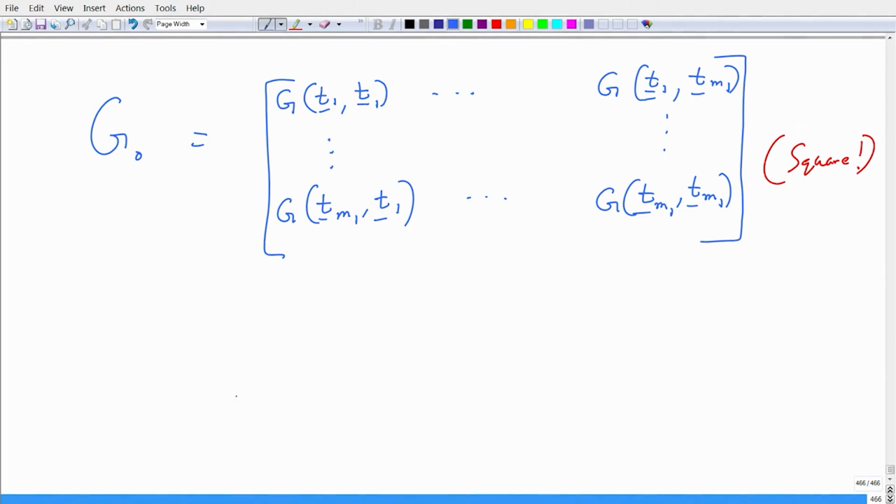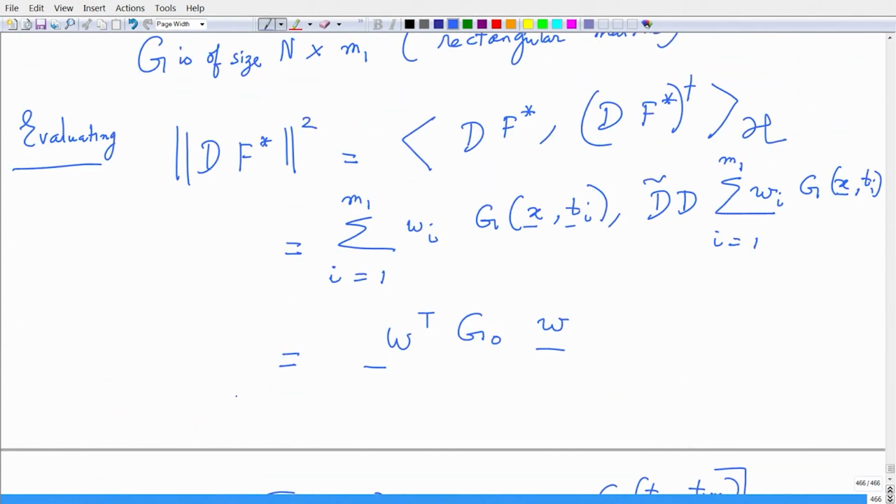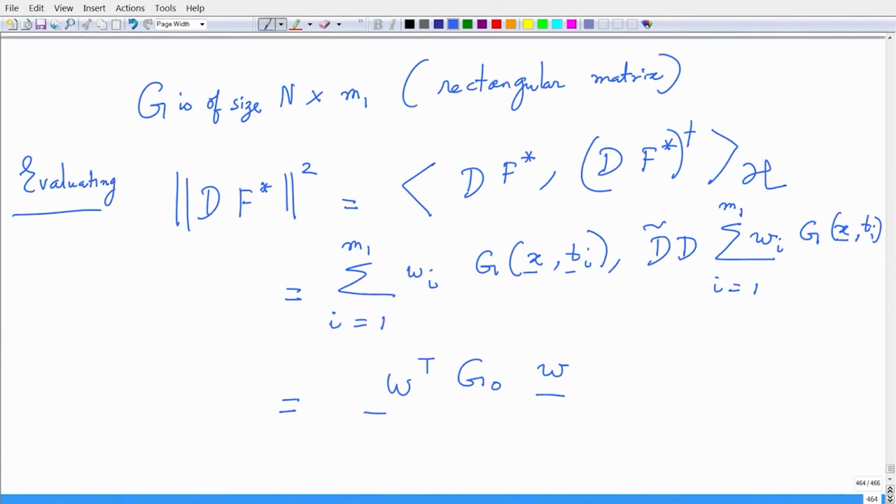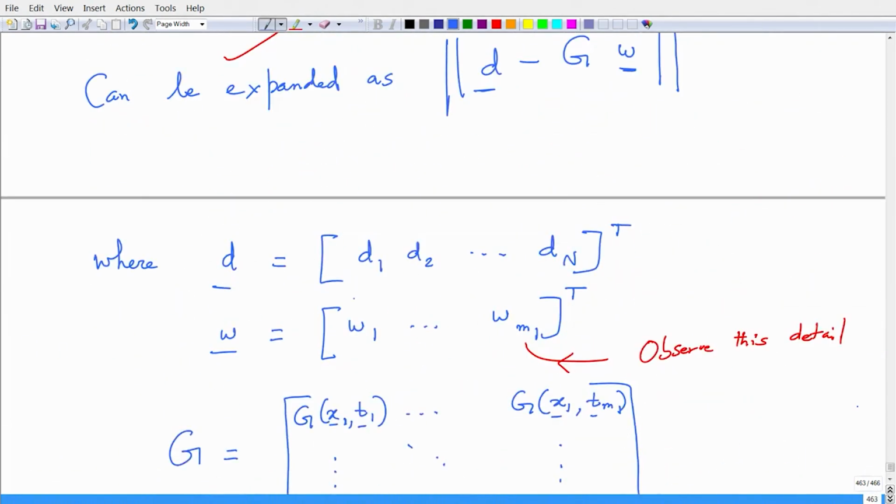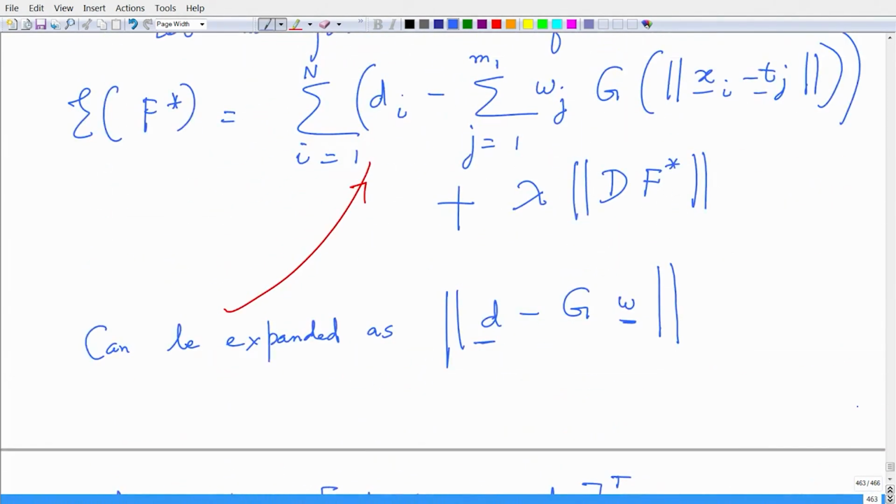So, now we have two terms here which we have expanded in matrix form. The regularization constraints correspond to this quadratic form, which is w transpose G naught times w, and your approximation error can be expanded as the Euclidean norm of d minus Gw.